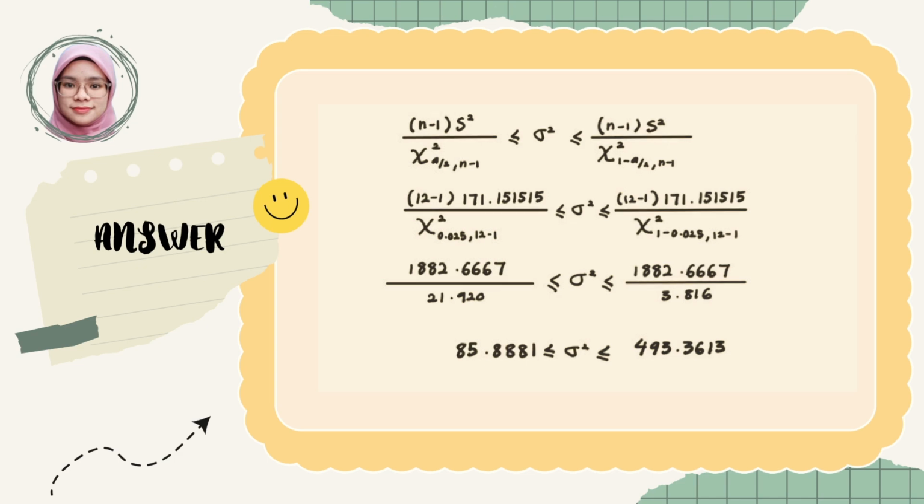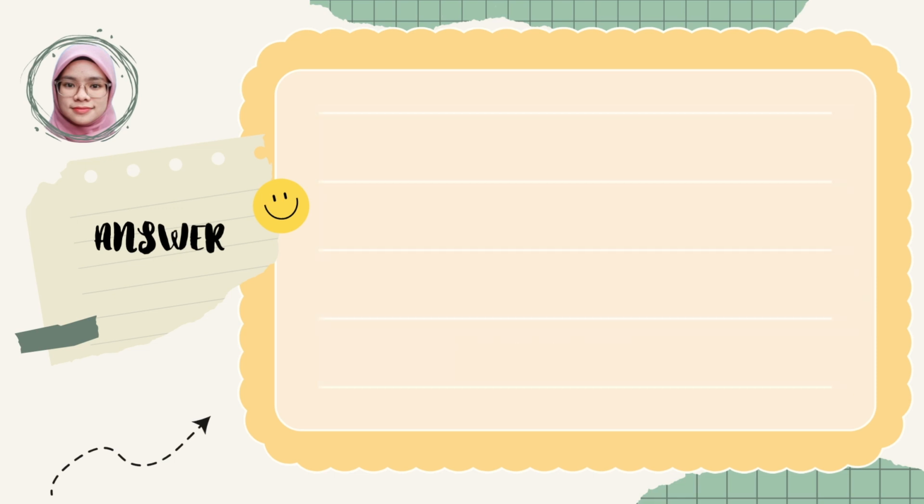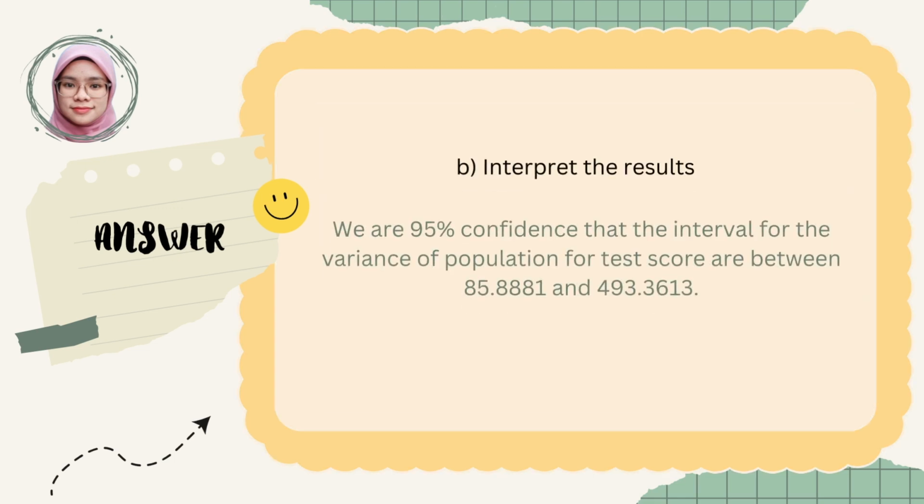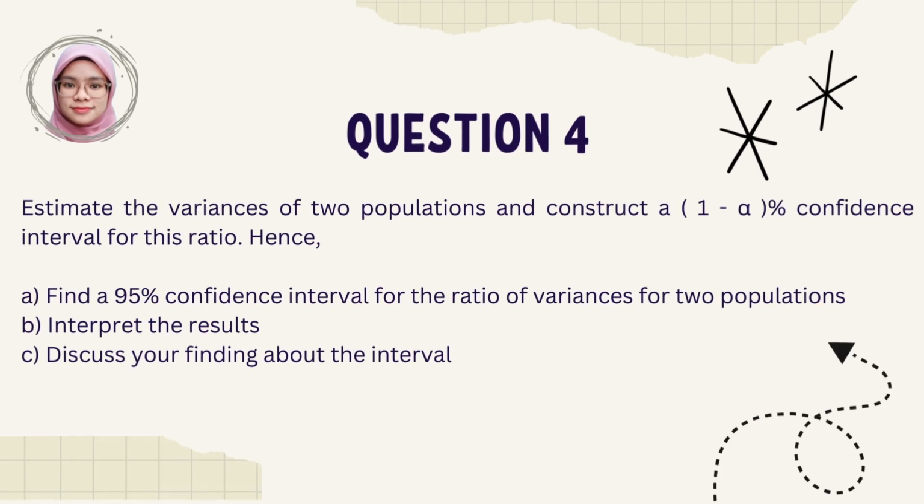Hence, we got the variance between 85.8881 to 495.3613. For the interpretation, we are 95% confident that the interval for the variance of the population for test score is between 85.8881 and 493.3613.